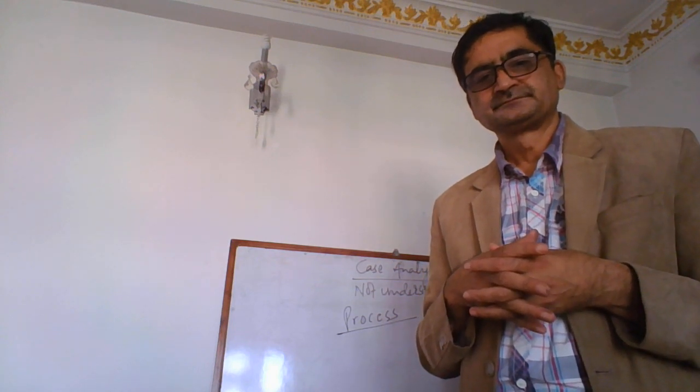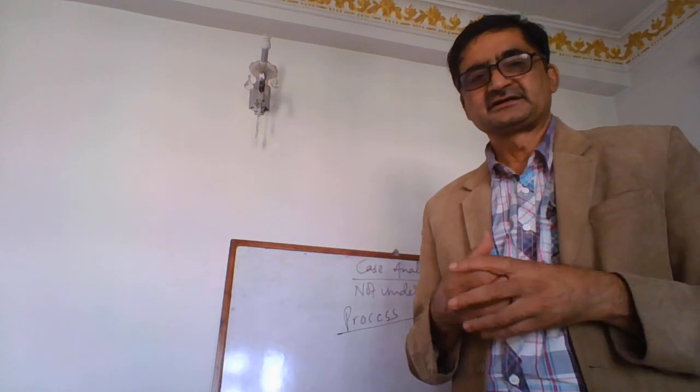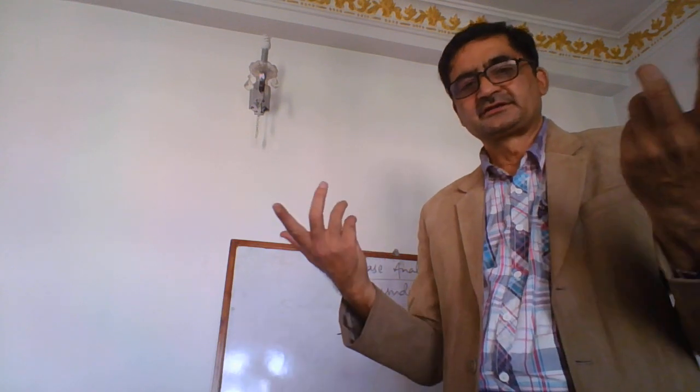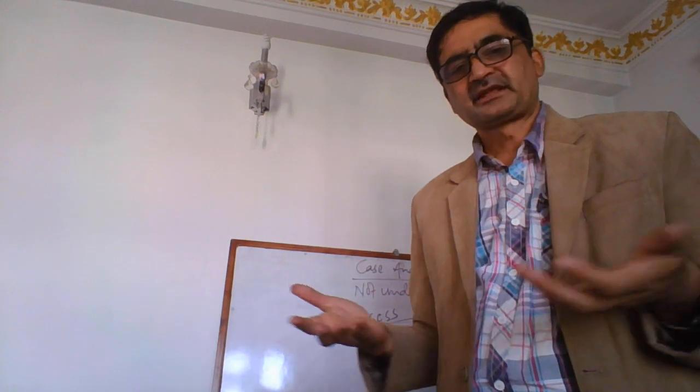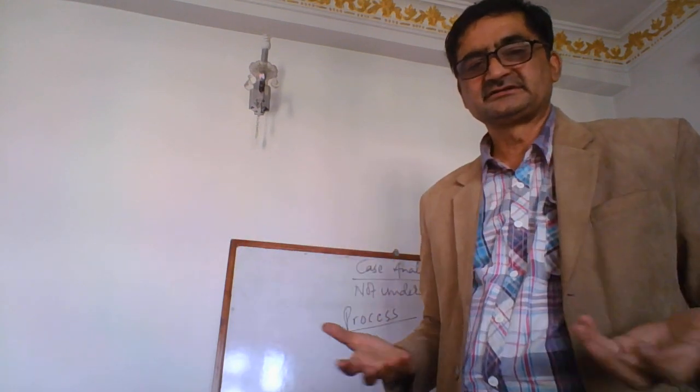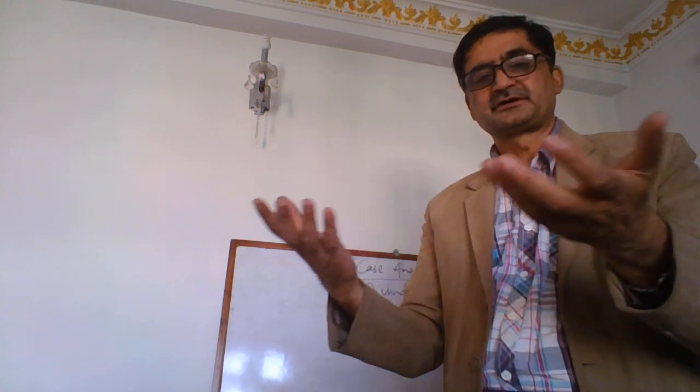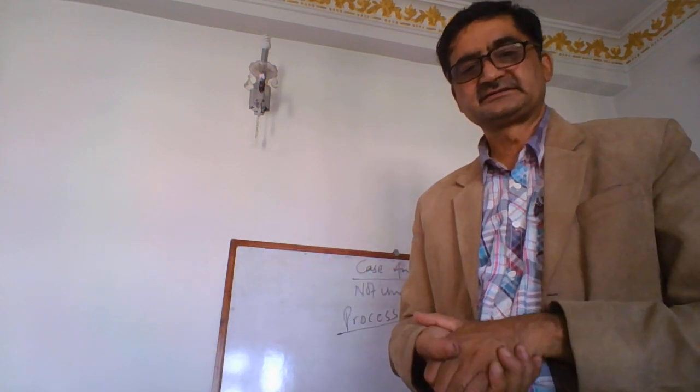The management was ready to take the risks and ready to bear the pressure from the government and political parties, and even the other unions, the unions of other similar types of organization.